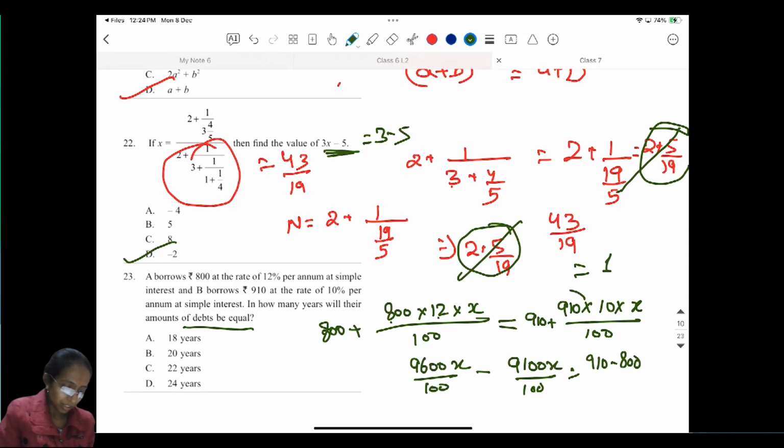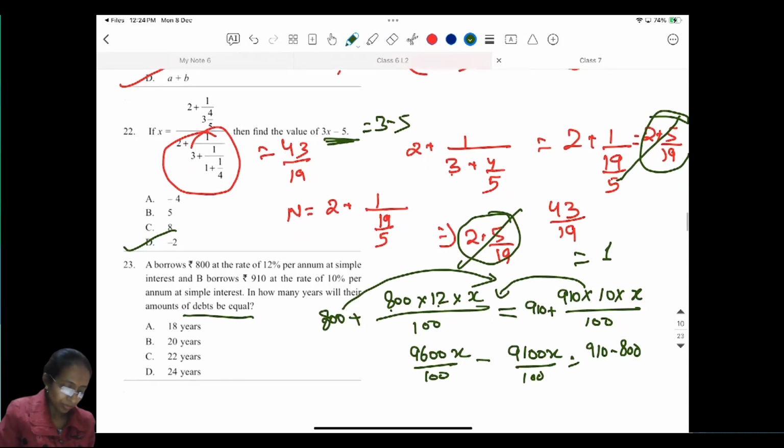We have transposed the terms. Now what we have is 2x upon 100, that is 5x only, giving you 110. That means my x comes to be 22 years. So C is the correct option.